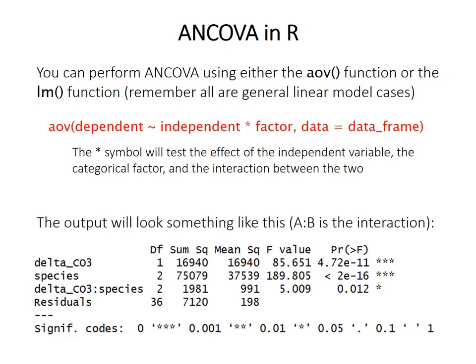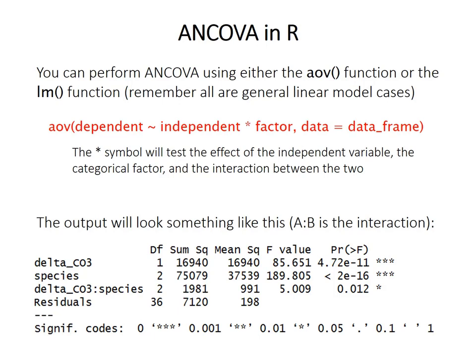So the output will look just like the ANOVA output did, but with extra lines. So we first focus on the interaction term, which is the one containing the colon, so in this case delta CO3 colon species. In this example, the F statistic for the interaction is 5.009. There are 2 and 36 degrees of freedom, and the p-value is 0.012.